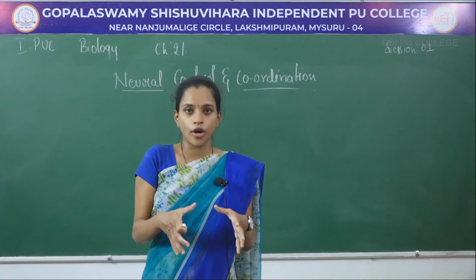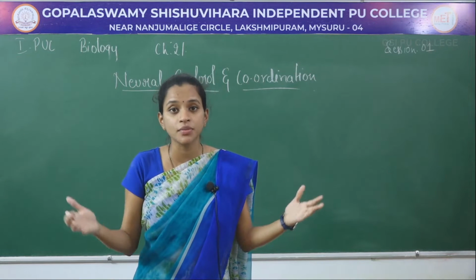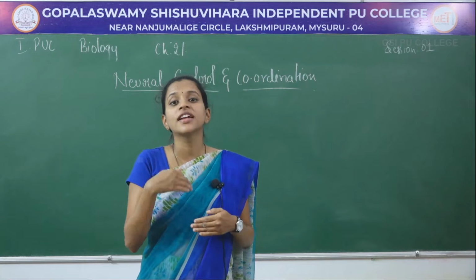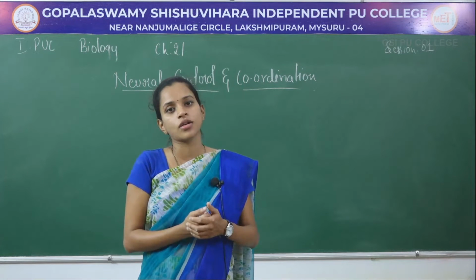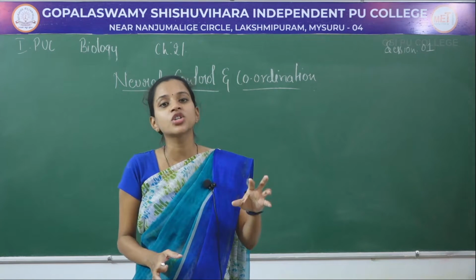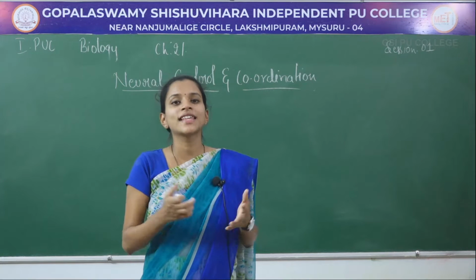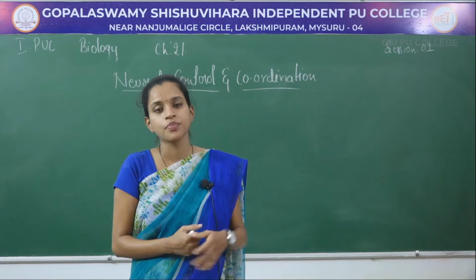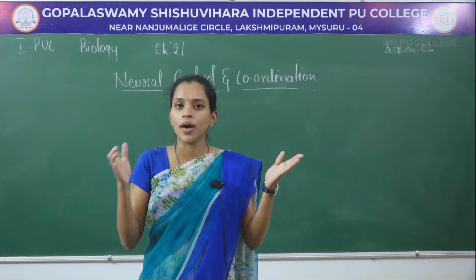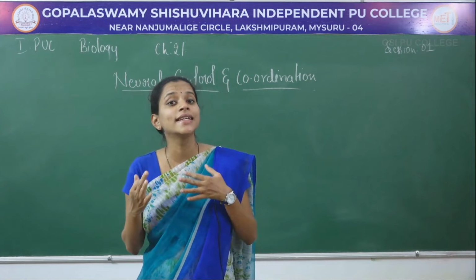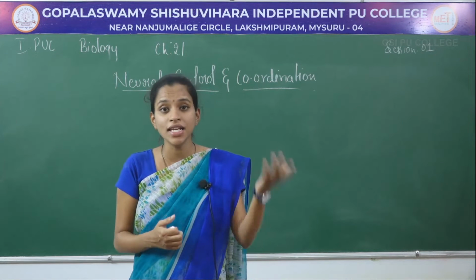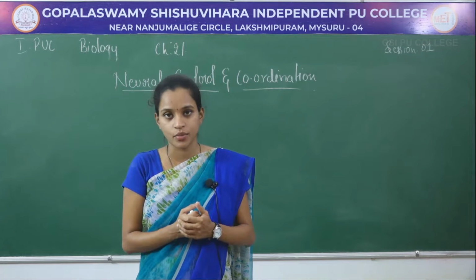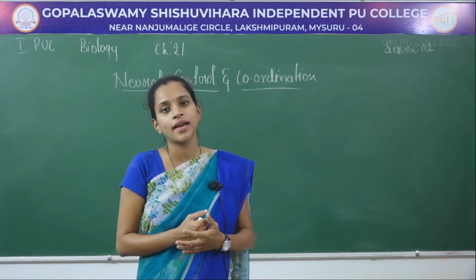When it comes to coordination, it involves different types of muscles and different types of organs, related and unrelated, coming together and functioning as one. For example, when physical exercise is done, it requires muscles, it requires the skeletal system, it requires energy, and automatically oxygen is required in higher amount.